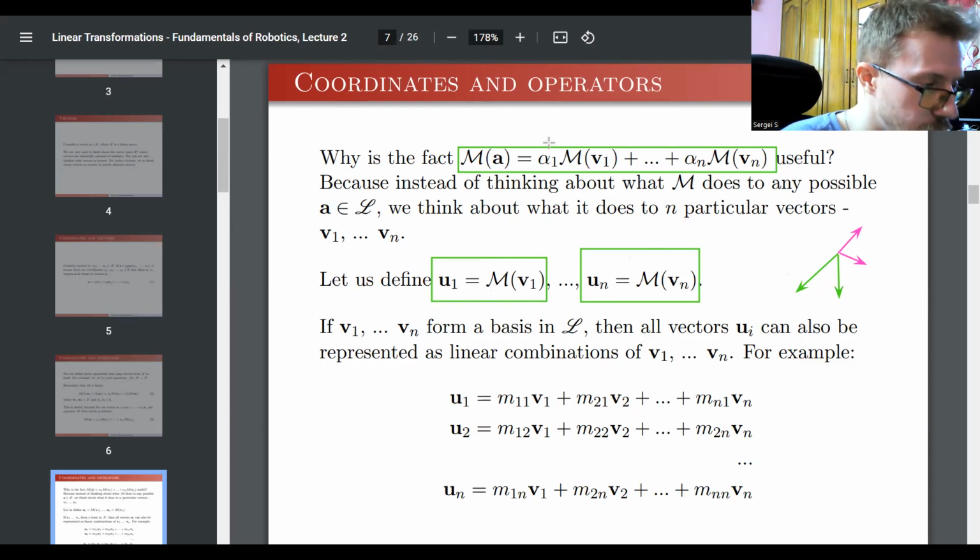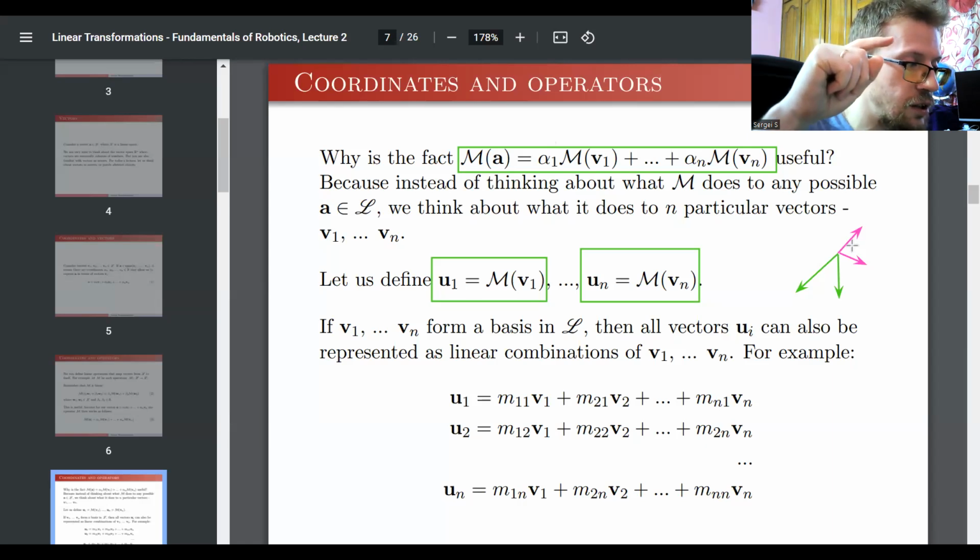So V1 is transformed to U1, V2 is transformed to U2, Vn is transformed to Un.